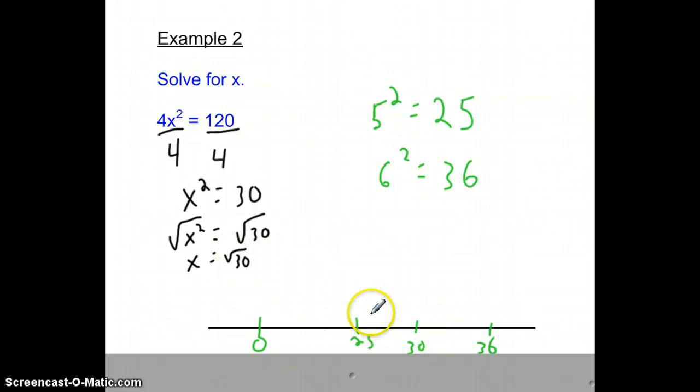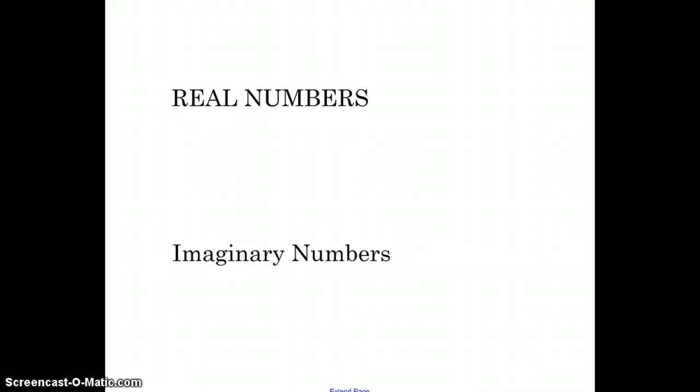Well, 25 is closer to 30 than 36, so we can approximate the square root of 30 as 5. Again, the square root of 30 is a non-perfect square. It does not have a perfect integer square root. So keeping that in mind, let's jump over to our second goal.